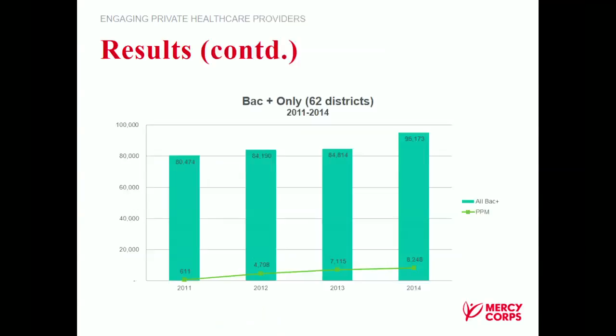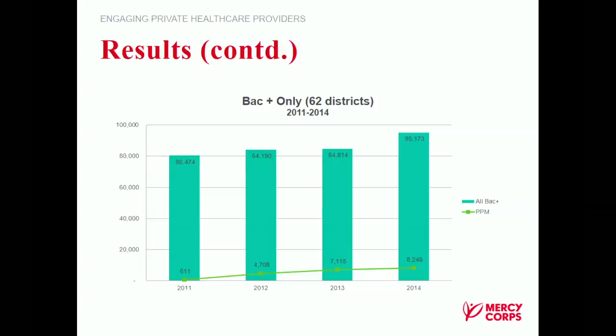I'll just show you a few graphs which I've separated by time period because different interventions were implemented in different districts during this time. So in 62 districts, we worked from 2011 to 2014. And I'm showing you here data of bacteriologically positive cases only because for the first 2 years, that was the data we were reporting.